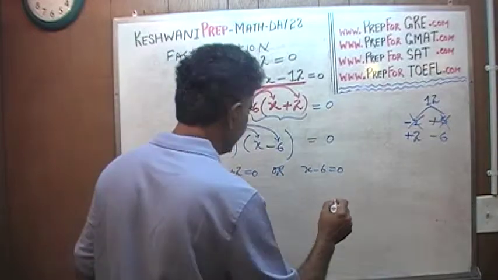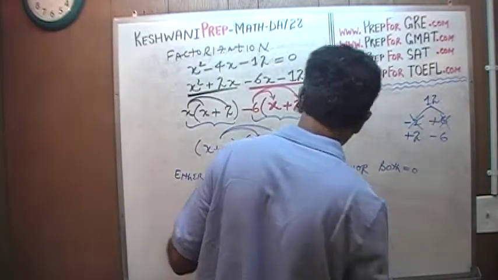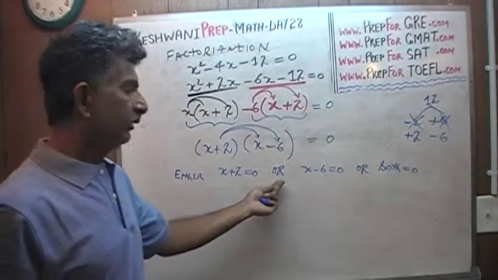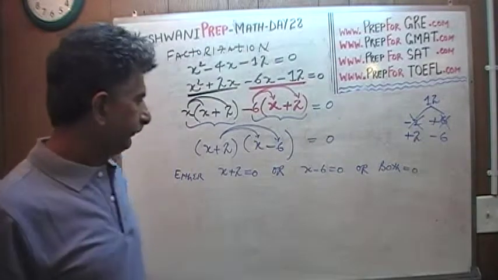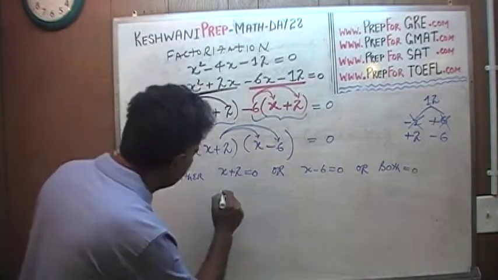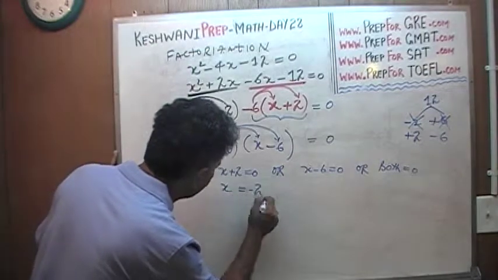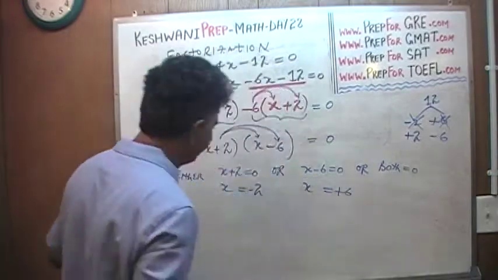Or actually there is one more possibility, they both equal 0, which means x plus 2 equals 0 and x minus 6 equals 0, because 0 times 0 would also be 0. So there are three possibilities. If x plus 2 is equal to 0, then x would have to be -2, and if x minus 6 is 0, then x would have to be +6.